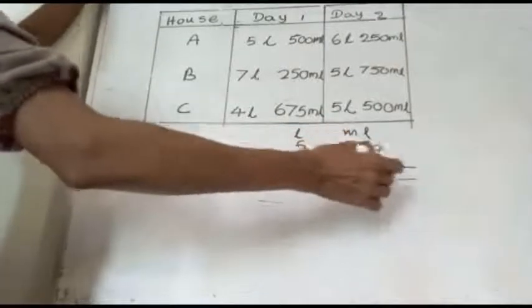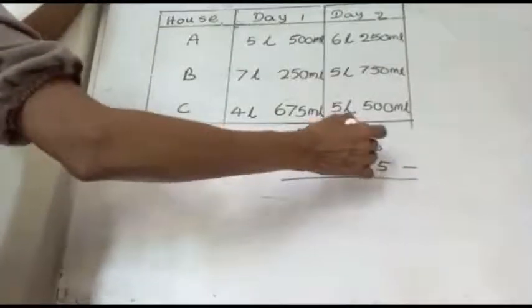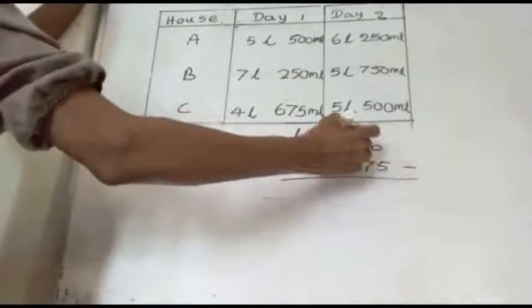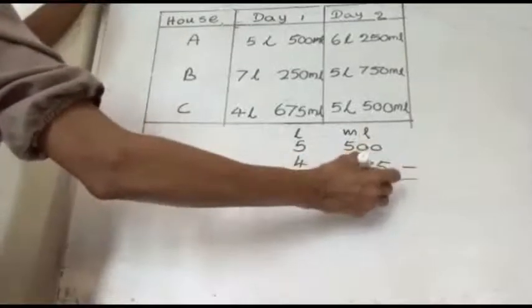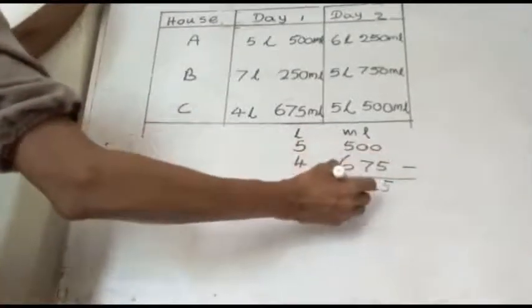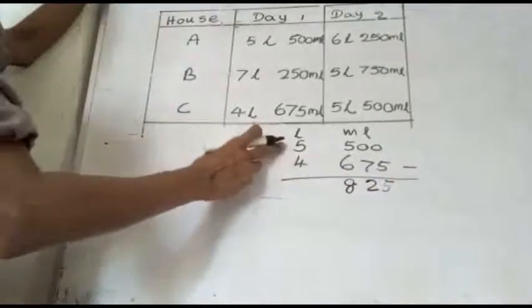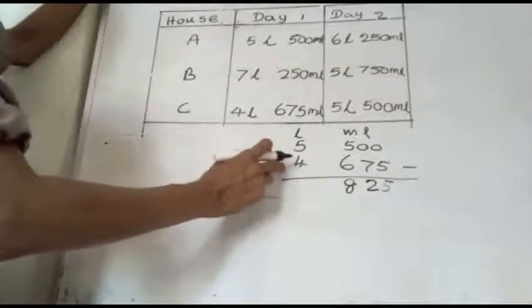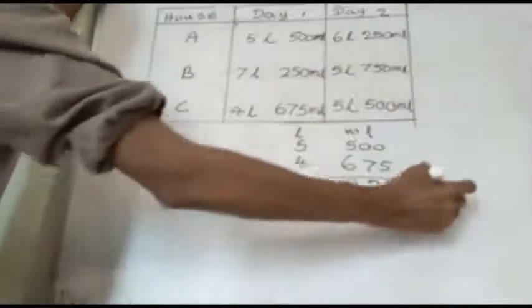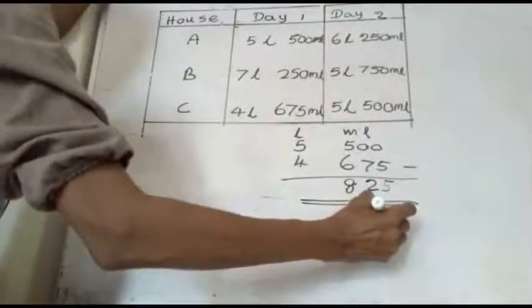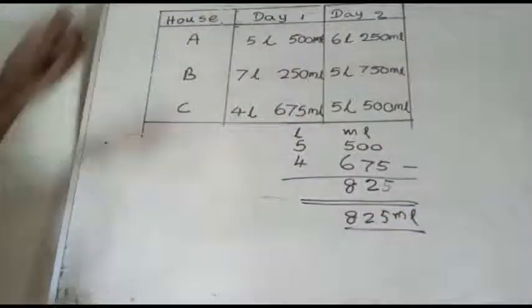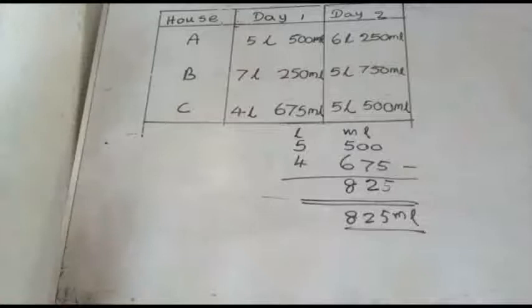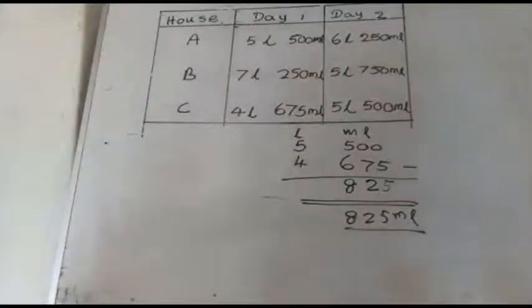We subtract 675 from 1500. 10 subtract 5, 5. 9 subtract 7, 2. 14 subtract 6 is 8. Here 4 is remaining. 4 subtract 4 is 0. Here answer is 825 milliliters. Do you have this answer? Yes, good.